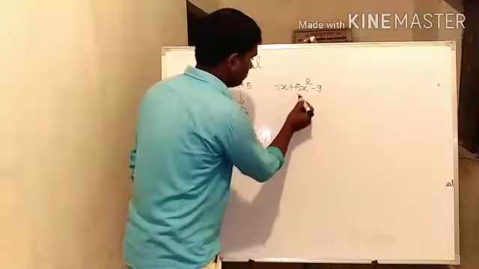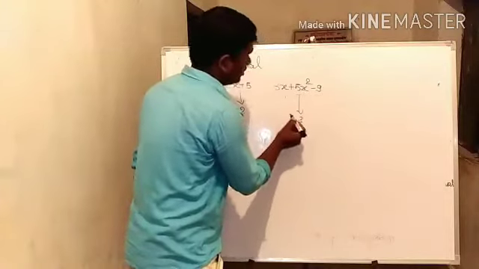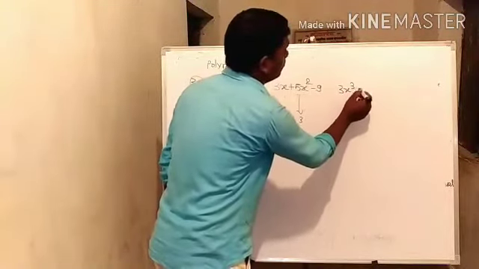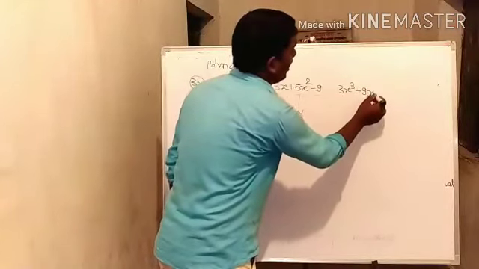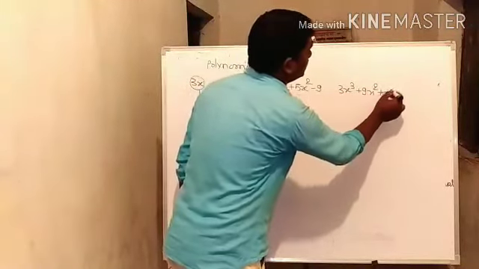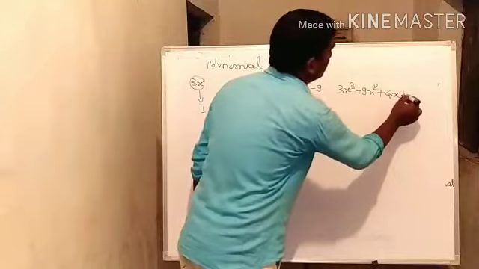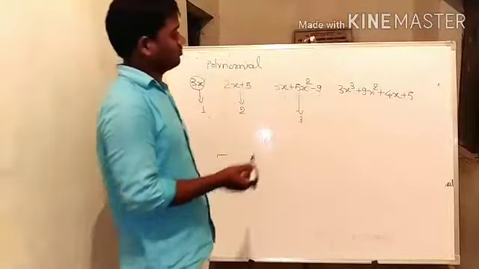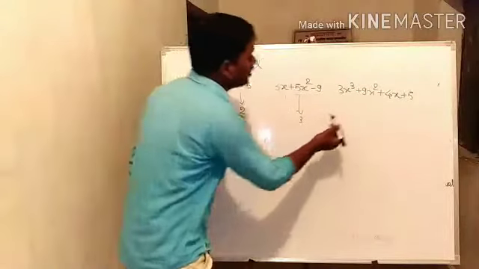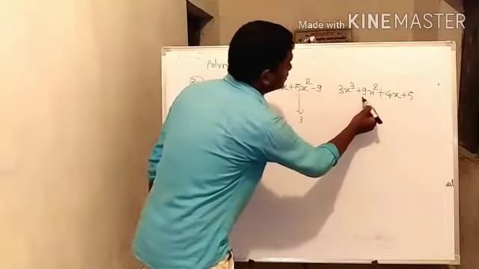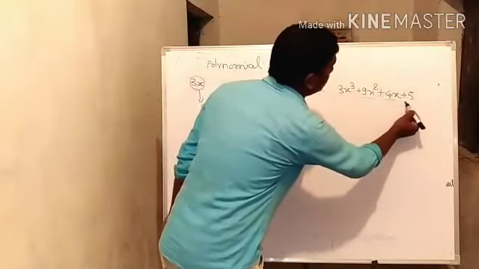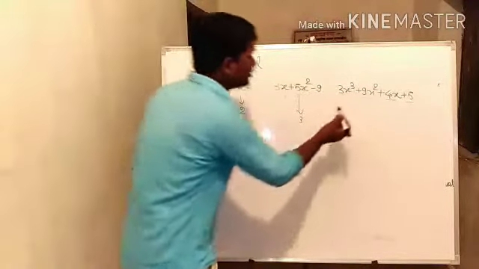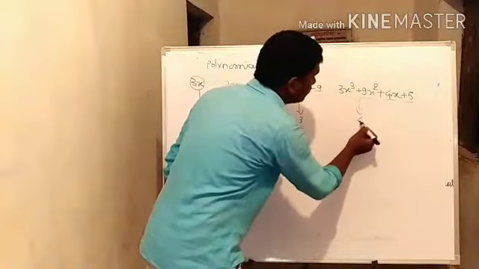Another example of a polynomial, suppose 3x cube plus 9x square plus 4x plus 5. We count the number of terms in this polynomial. First term, second term, third term and fourth term. This polynomial has 4 terms.